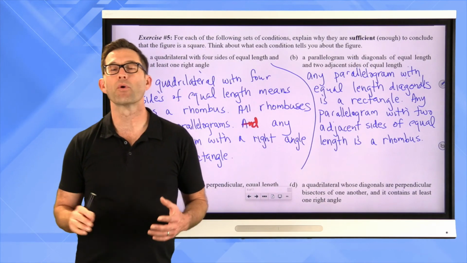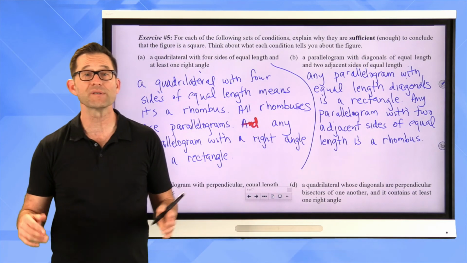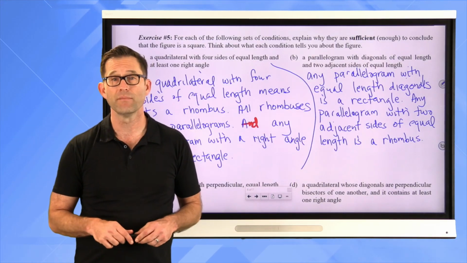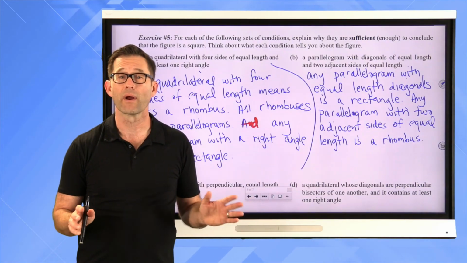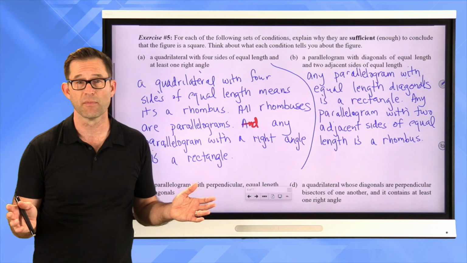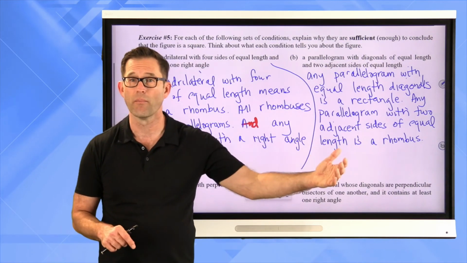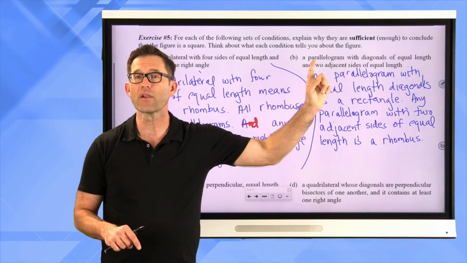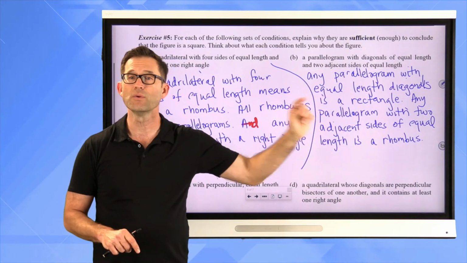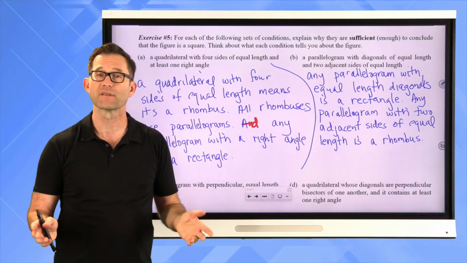So when we did the homework on the rhombus, a rhombus is a parallelogram by default. And if I have a parallelogram with two adjacent sides being the same length, then all four sides must be the same length, and therefore it's a rhombus. So if I know I have a parallelogram with equal length diagonals, I've got a rectangle, and if it's got two adjacent sides of equal length, it's got to be a rhombus.